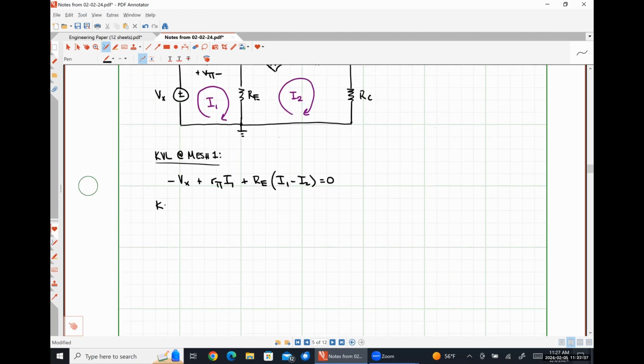And then applying KVL around mesh 2, I got RE times I2 minus I1 plus GM R naught V pi plus R naught I2 plus RC times I2 is equal to 0.